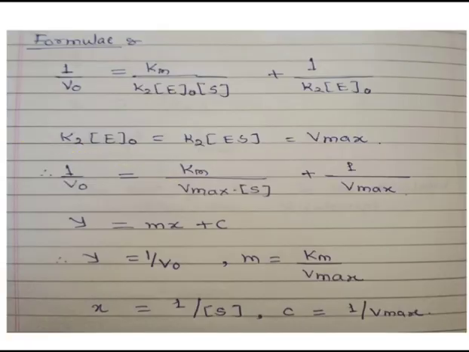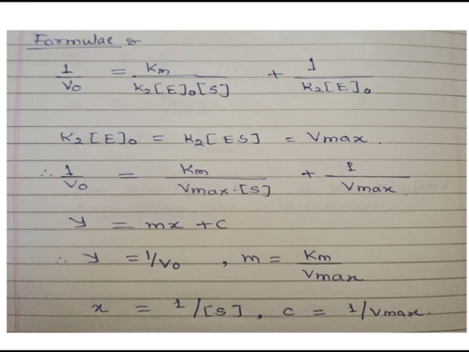1 upon V0 is equal to Km upon K2 into concentration of E0 into concentration of substrate plus 1 upon K2 into concentration of E0. And we know the value of this term. K2 into concentration of E0 is equal to K2 into concentration of Es, which is equal to Vmax, because in the formation of product, dP by dt is equal to K2 into concentration of Es, and this 100% enzyme is bound with substrate, that means E0 is equal to Es.